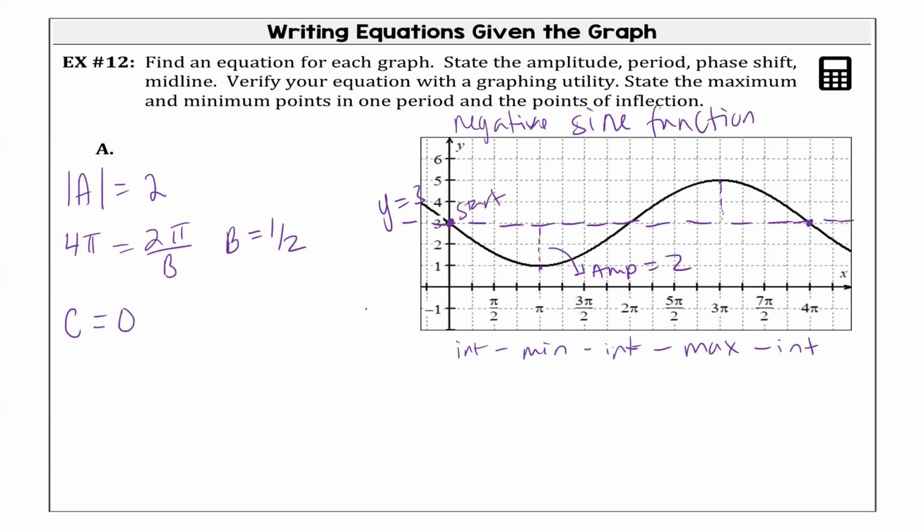We don't start anywhere. And our D is our midline, and our midline is at 3. So we have our amp, we have our period, we have our phase shift, and we have our midline.